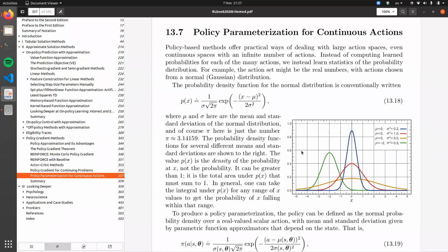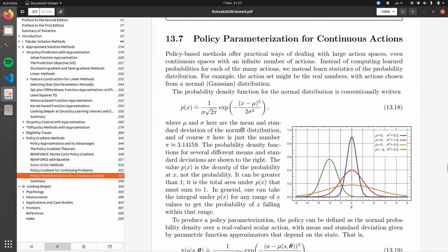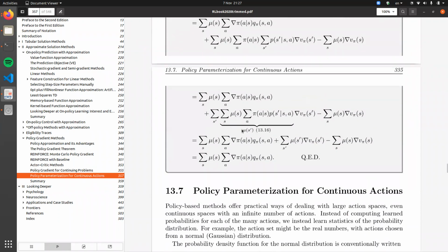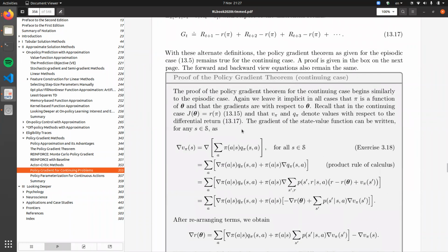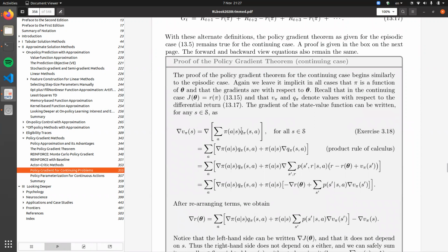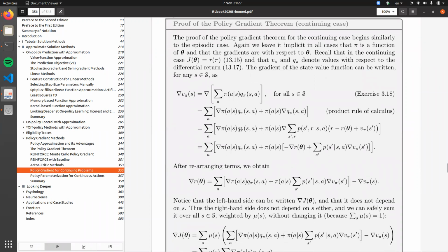And there is the fact that with some trust region optimization, by making sure that your policy does not change too much between steps, you can view the policy gradient method as a particular case of policy iteration.